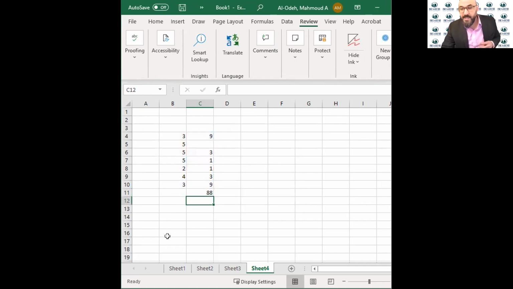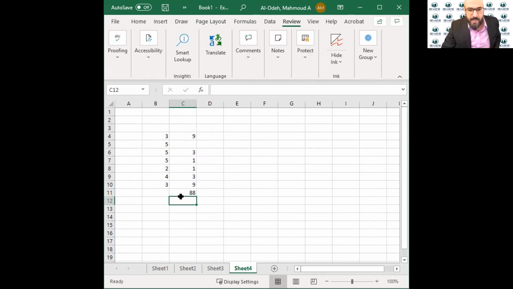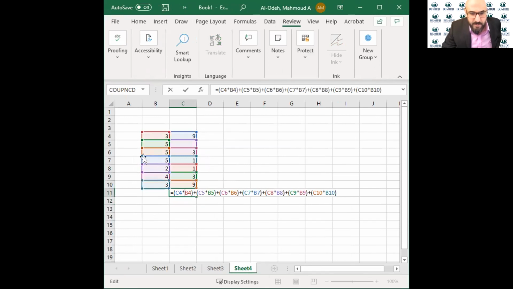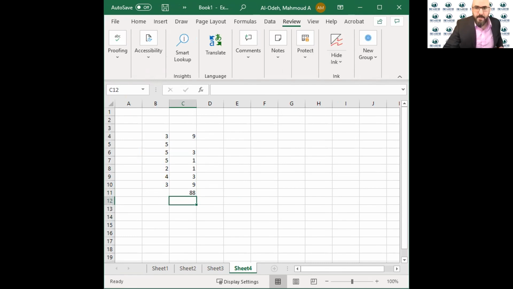Now we put 88. So once you do the calculation, you put the 88, just double check. I just want to make sure that I did it right. Right, C4 times B4, C5 times B5. All right, it looks good here. So that number would be 88.